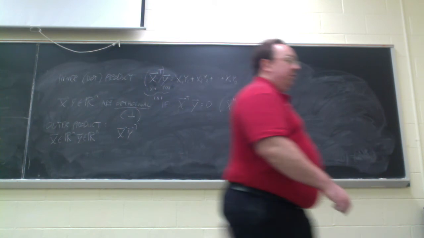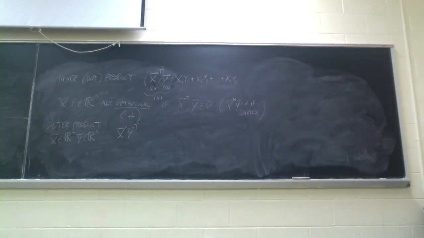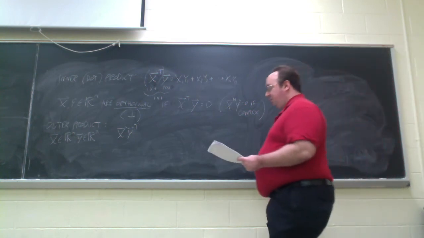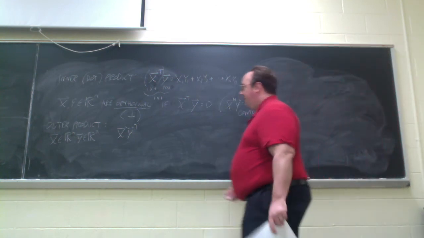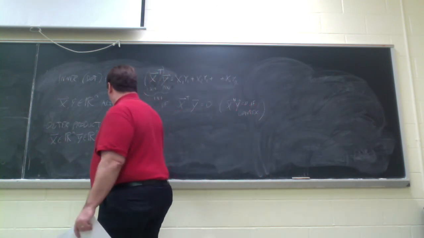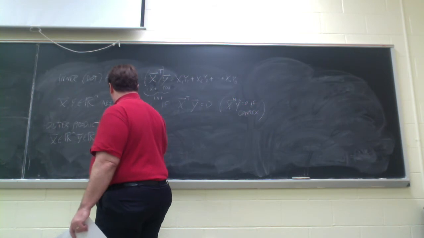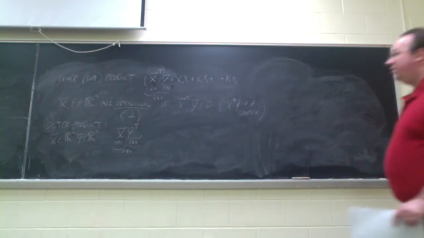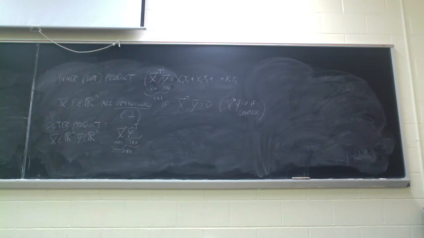So for an inner product, both vectors x and y have to have the same length, the same dimension, but that's not necessary for the outer product. Now, x is m by 1, and then y transpose would be 1 by n. So the dimension of the entire thing is m by n. So whereas the inner product is just a number, an outer product of two vectors is a matrix.